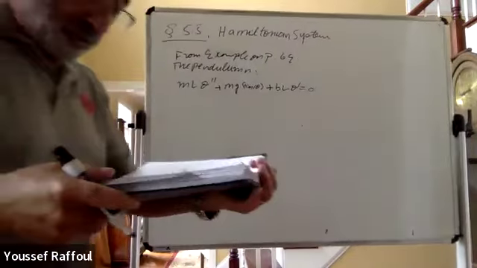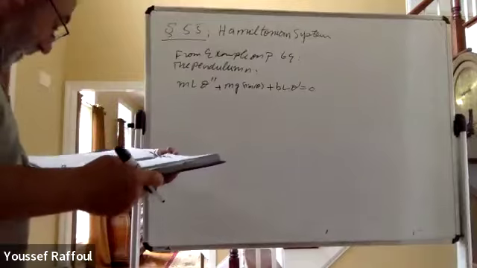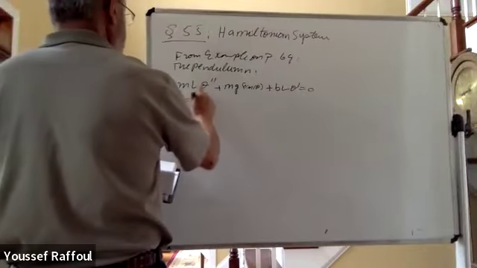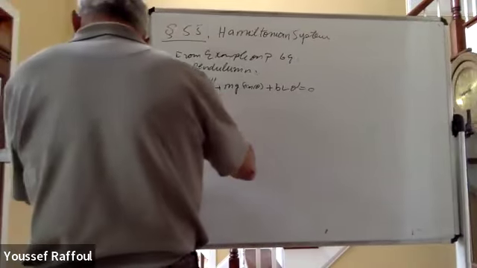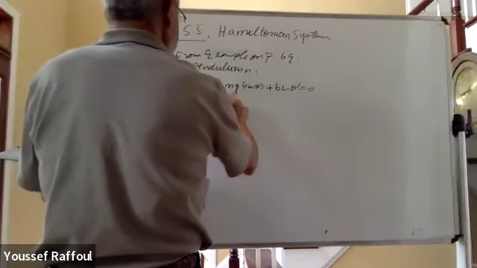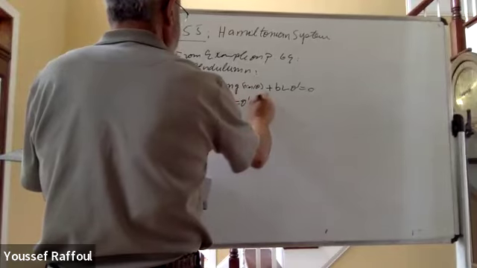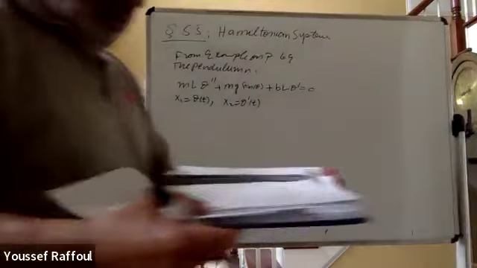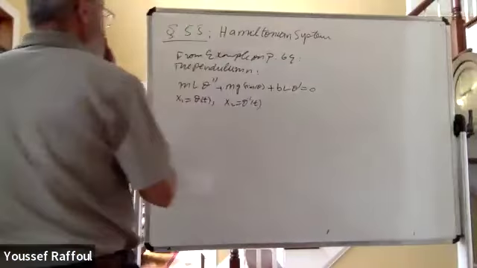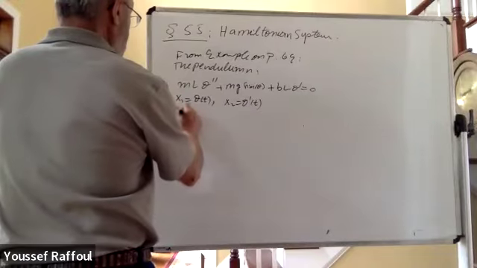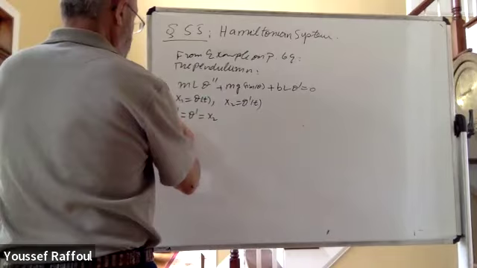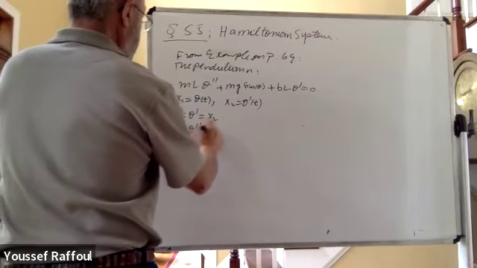You can look at the picture over there. By letting x1 equal theta of t, x2 equal theta prime of t, we rewrite this example. So we're going to have x1 prime equal theta prime equal x2, and x2 prime equal theta double prime.